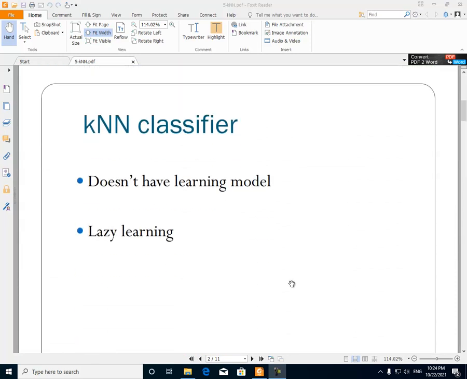The first point about the KNN classifier is that it doesn't have a learning model. Okay, it may be a bit weird for you, but this is what we have in some classifiers. We don't have a learning model.